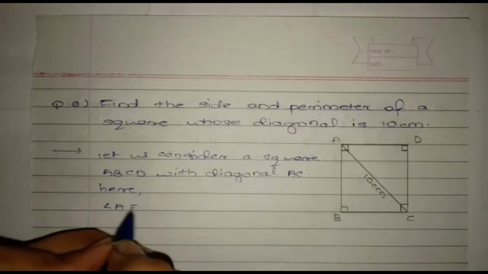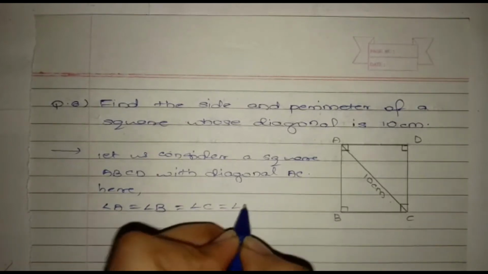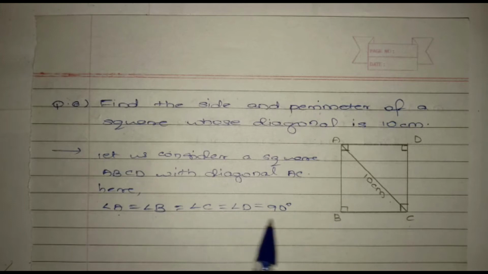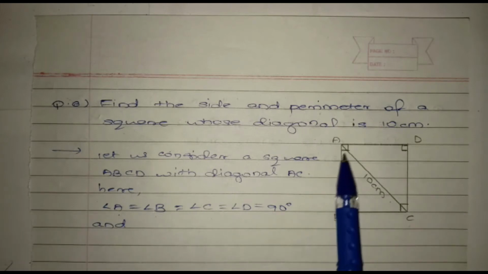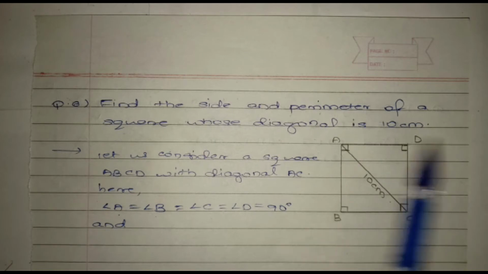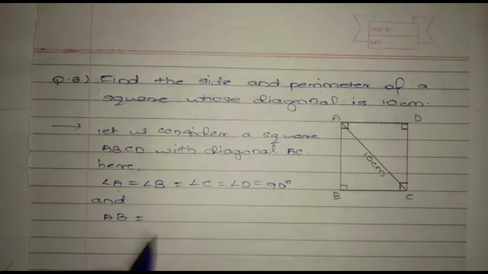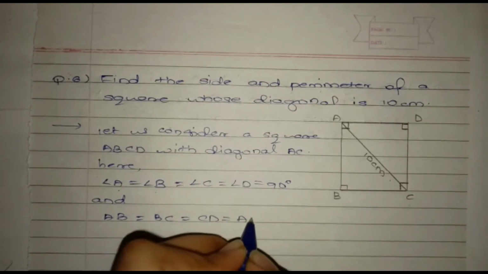Here angle A is equal to angle B is equal to angle C is equal to angle D is equal to 90 degree. Each angle of a square is 90 degree. And this is a square, so its sides will be equal, that is AB is equal to BC is equal to CD is equal to AD.